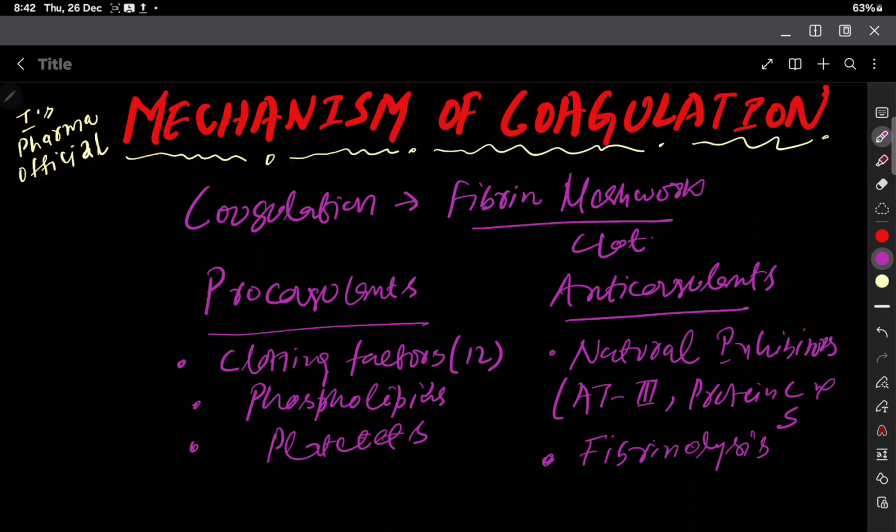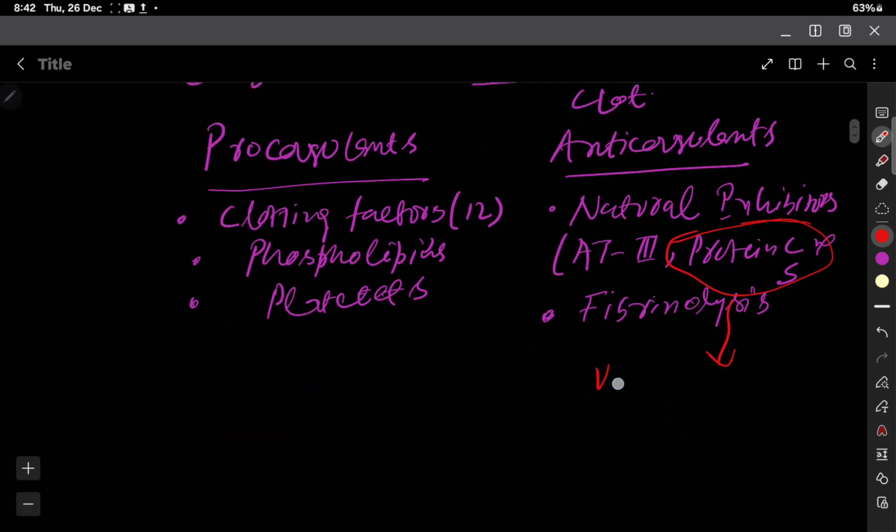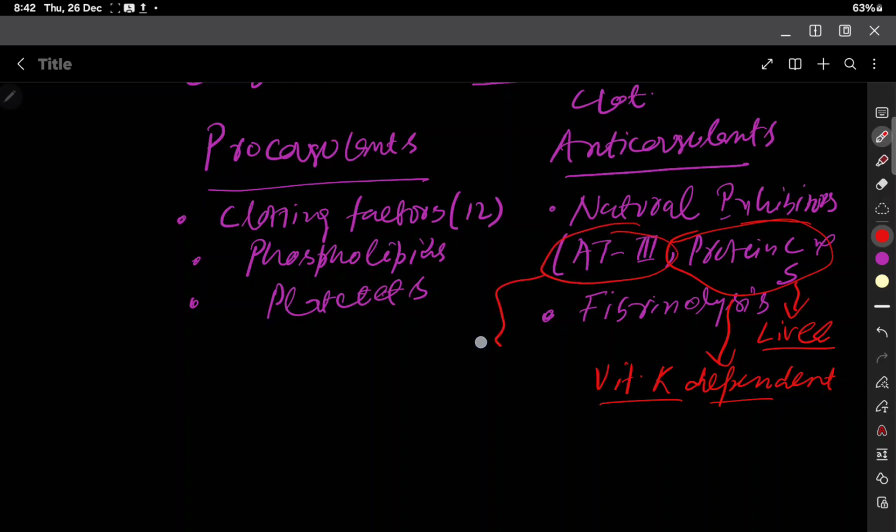Both protein C and protein S are vitamin K dependent, so they depend on vitamin K for their function, and both are synthesized by the liver. And AT3 is antithrombin third.